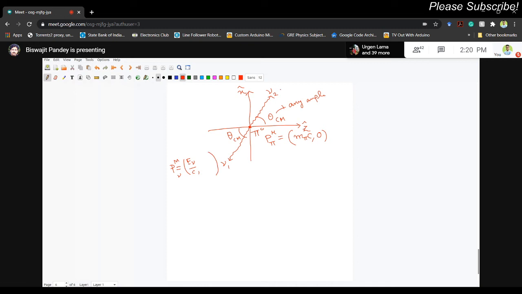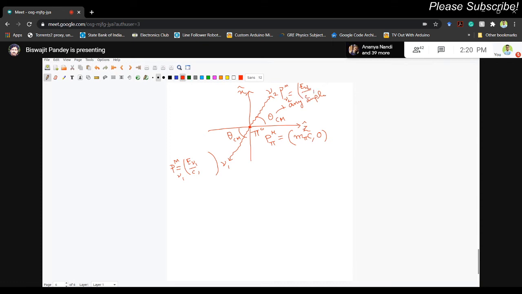Similarly for the second photon, p mu nu 2 is equal to the energy divided by c, that is h nu 2 by c. I'm not writing nu 1, nu 2 all the time because they are eventually going to be the same.